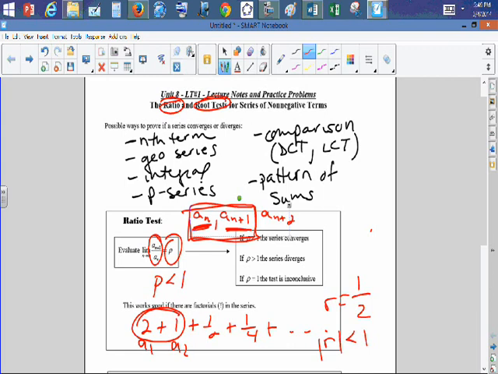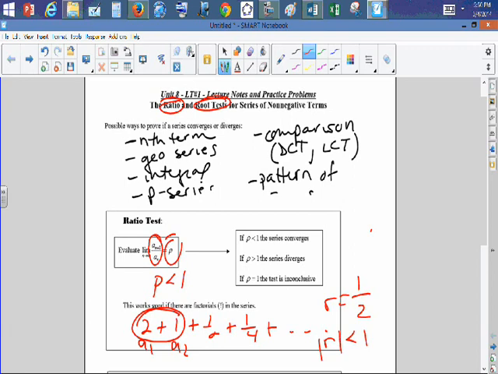We're not going to have to worry about negative values, because remember, these terms are all positive. So if we compare the two terms and that ratio as the n goes to infinity gives us a value that is less than 1, the series will converge just like the geometric.